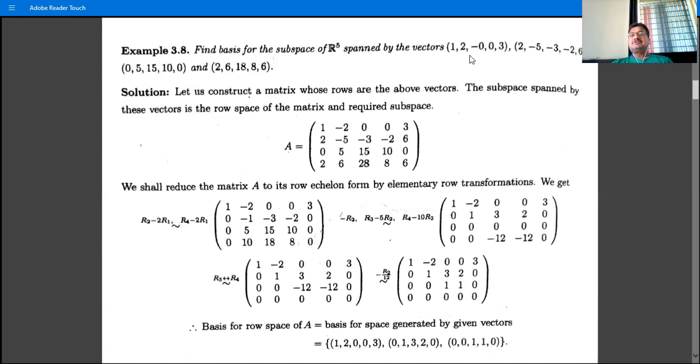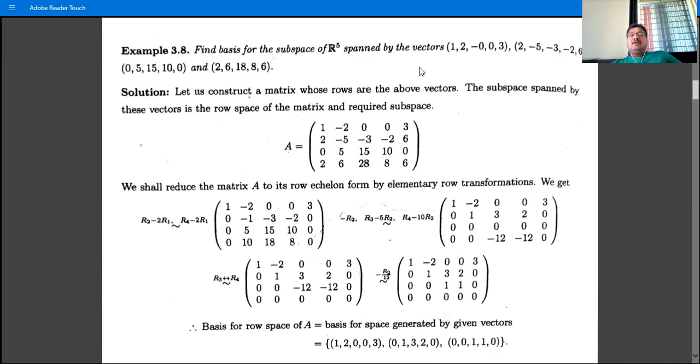So the basis for the subspace spanned by these four vectors is the basis for the row space of this matrix A.